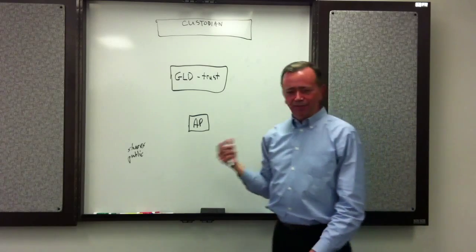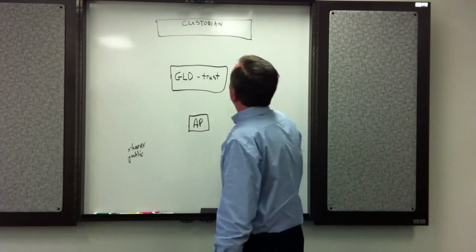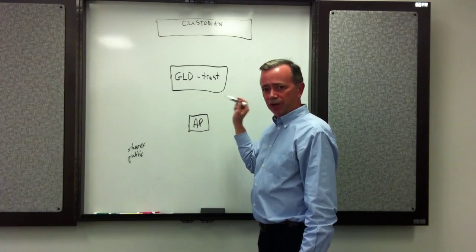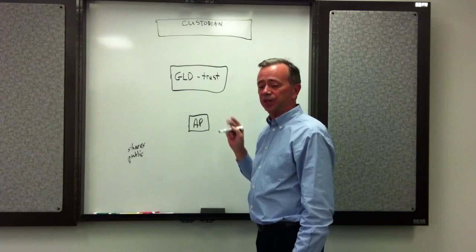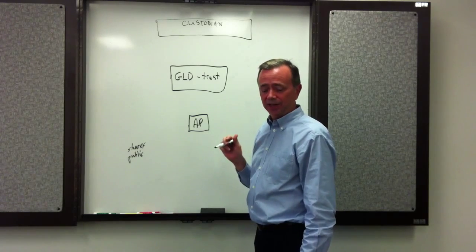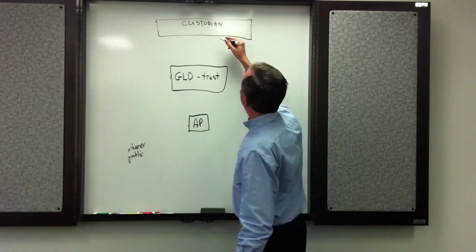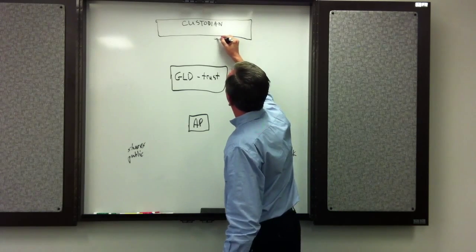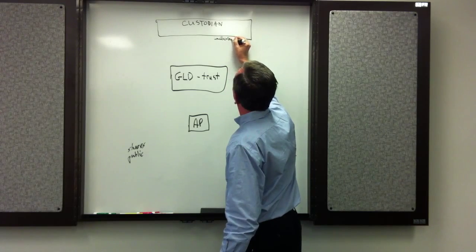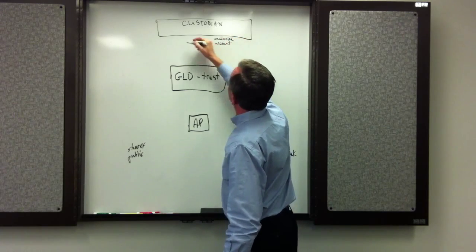Now, I invite you to read the prospectus or just listen closely to what I'm about to say. At the custodian, the GLD trust has two accounts. And remember we talked about a bank account and $100 when I got started. They are accounts. There is an unallocated account and there's an allocated account.